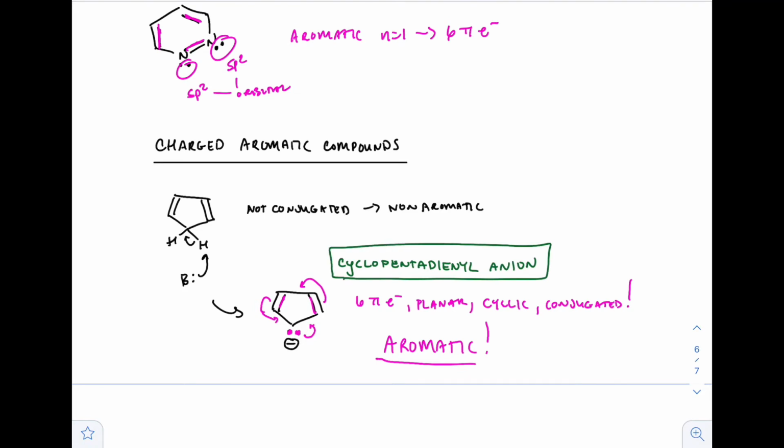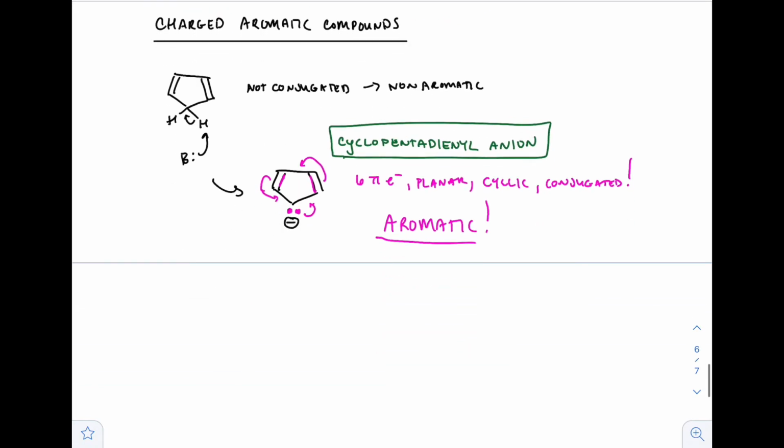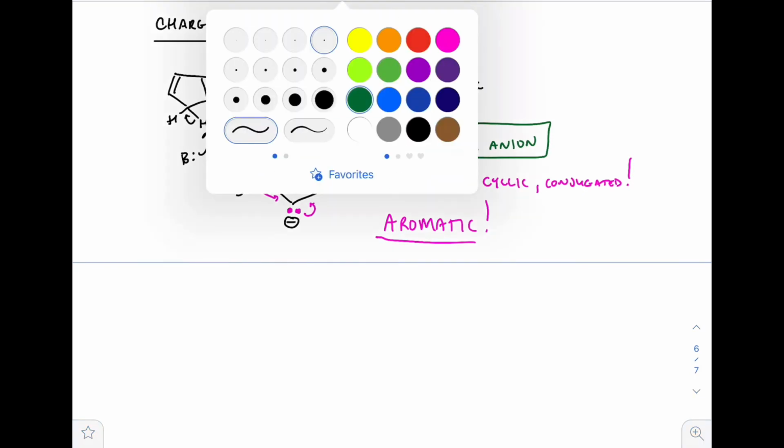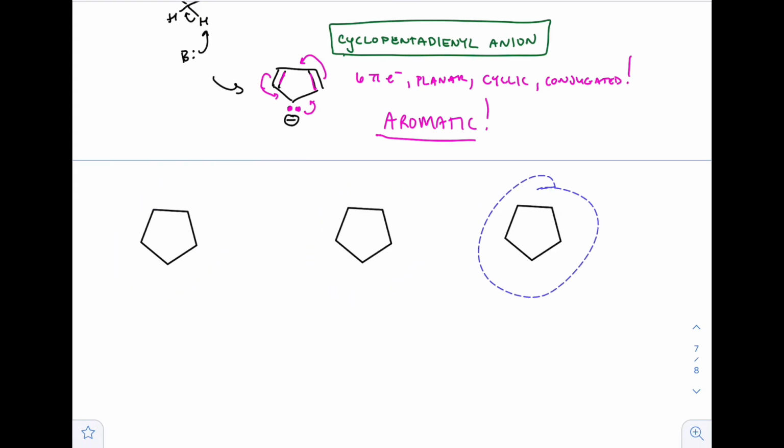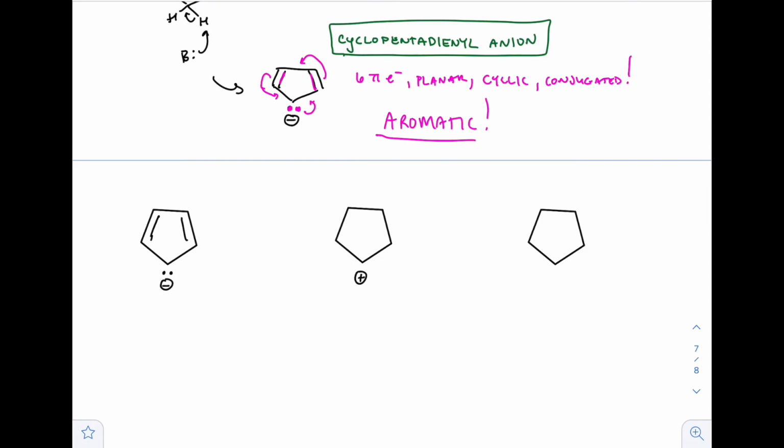Now, what we want to do is compare this to other very similar structures. So let me draw them out real quick. I'm going to cheat. I'm going to draw a nice ring, and then I'm going to copy and paste that for you. Okay, so the first one, we have the cyclopentadienyl anion. The next one, we have a positive charge, and then the next one we have a radical.